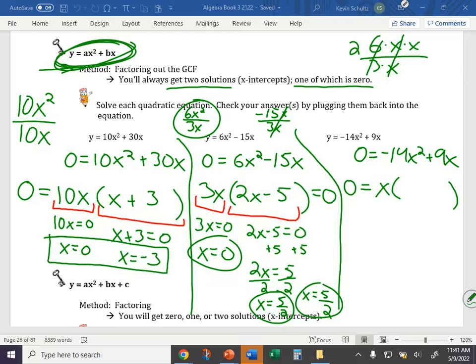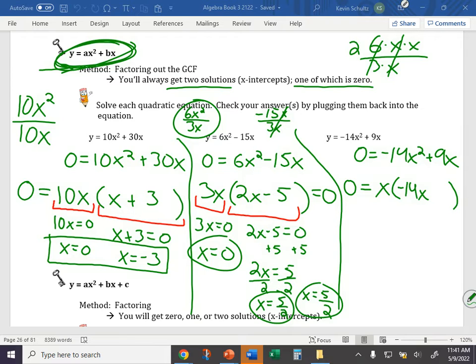And if you take an x out of negative 14x squared, what are we left with? Negative 14x. Just one of them, right? Welcome. You take an x out of 9x, what do we have left? Somebody I haven't heard from before. You can do this.